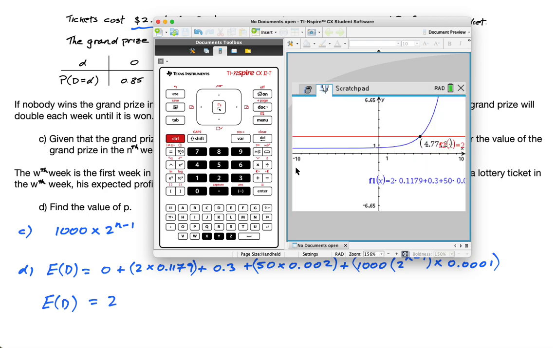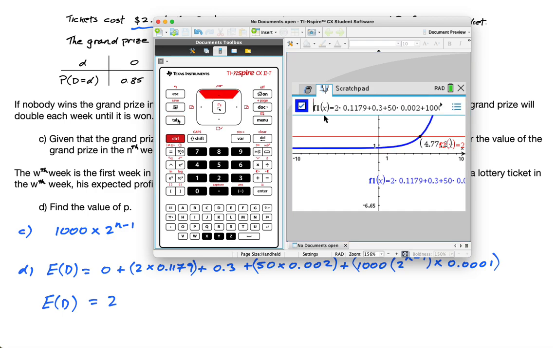Okay, so I graphed the expected value. I typed in literally what I wrote down here, including 1,000 times 2 to the power of x minus 1. Use x when you're graphing, and this is times 0.0001. It changed it to e minus 4, which is 0.0001 in calculator language.